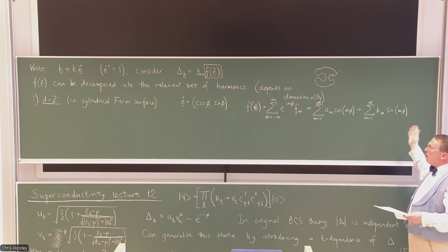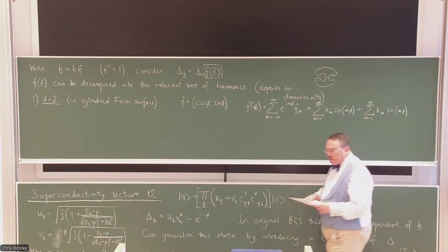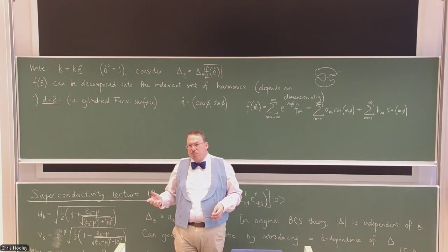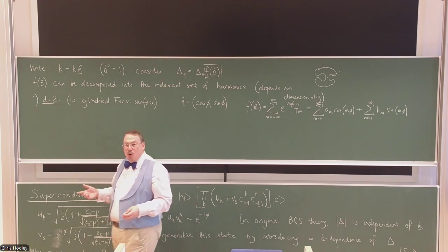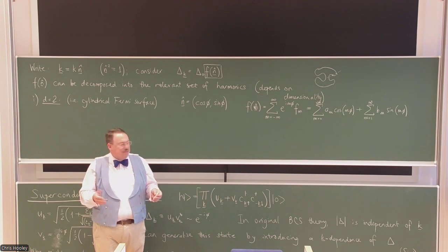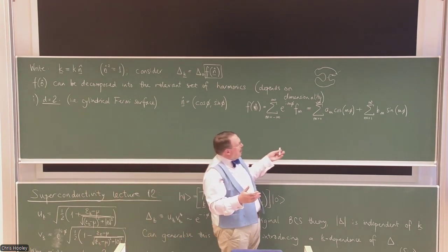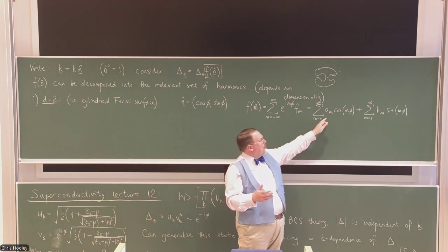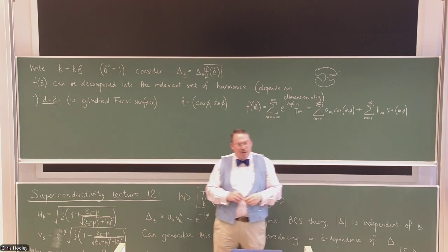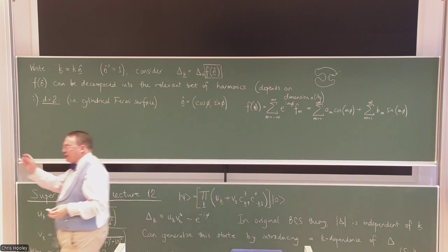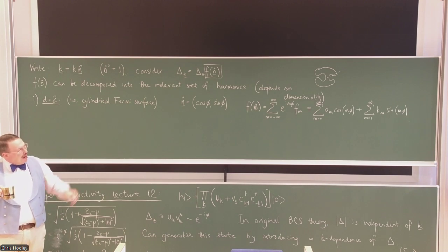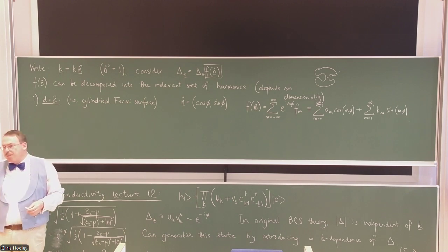We can expand in these harmonics. One thing that's important to point out is that there is no reason at all to imagine that the optimum superconducting state will only contain one of these. So in the perfectly isotropic case, there's a reason for thinking that, because in the perfectly isotropic case, the only isotropic option is the m equals 0 cosine version, which is just the S-wave pairing. But as soon as you break the rotational symmetry, you can have all sorts of higher harmonics, and you may have many non-zero terms in this sum.